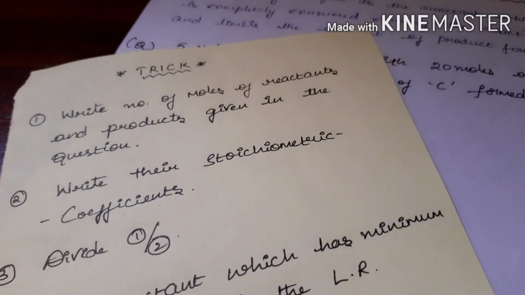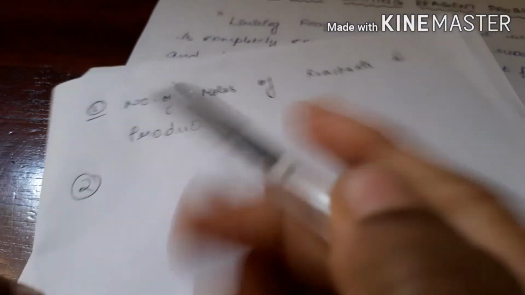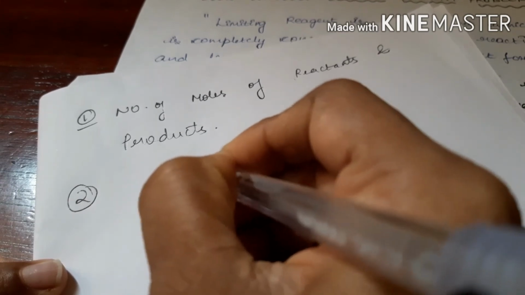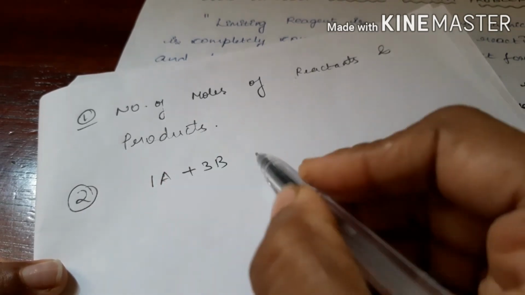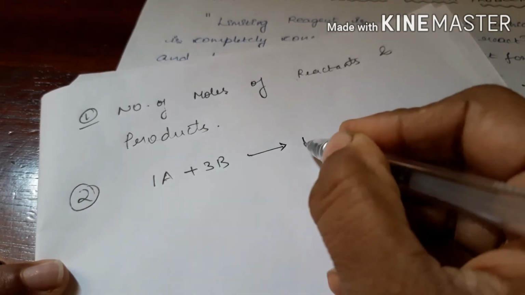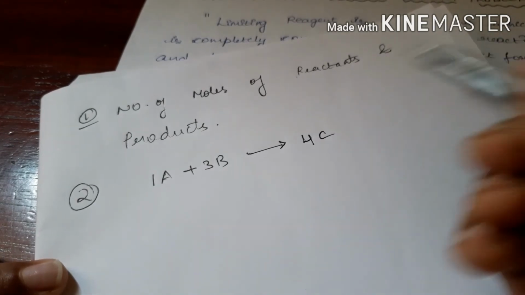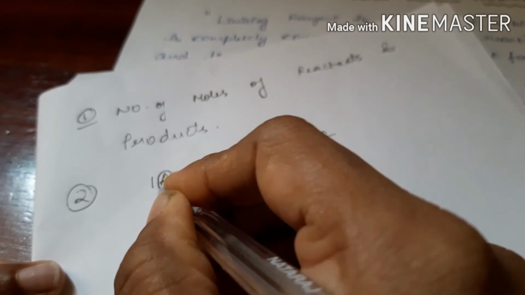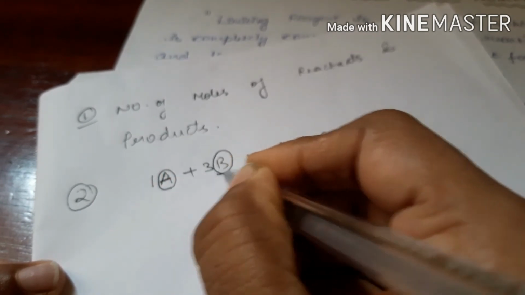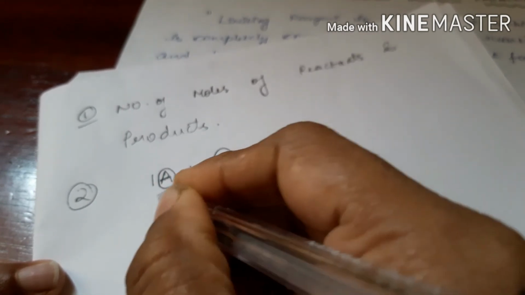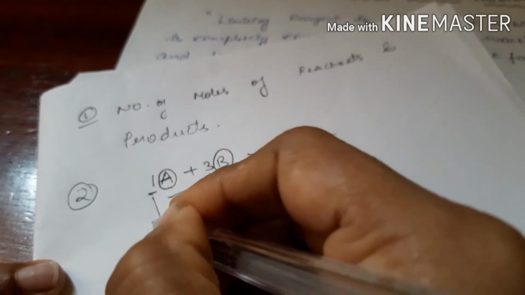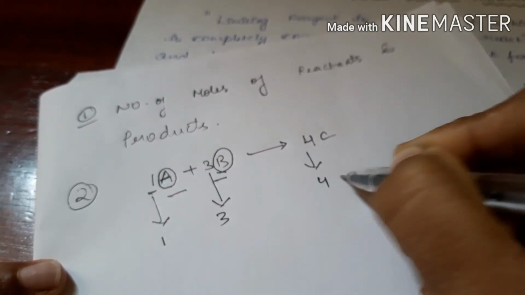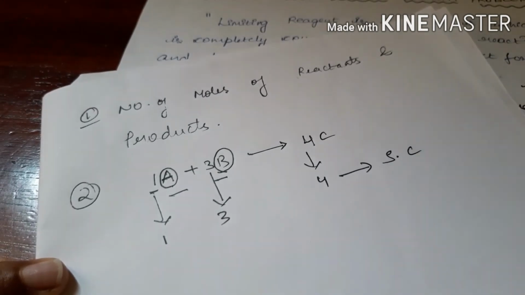Stoichiometric coefficient is, for example, in 1 mole of A reacts with 3 moles of B to give 4 moles of C, the number before each reactant and product, that means 1, 3 and 4, are known as stoichiometric coefficients.